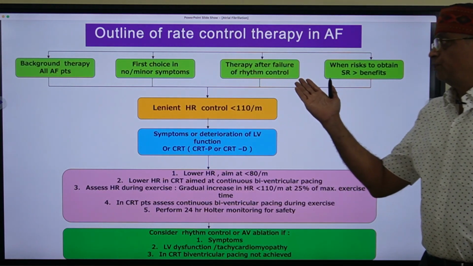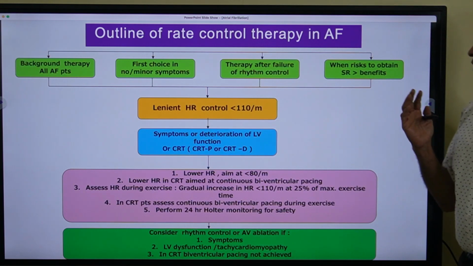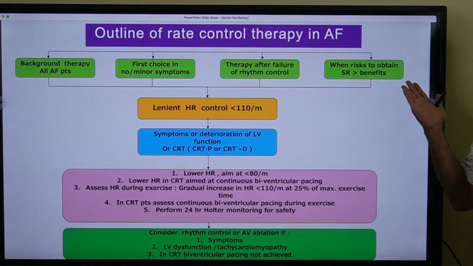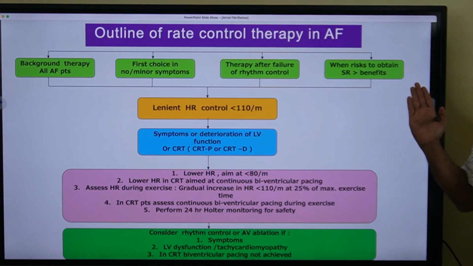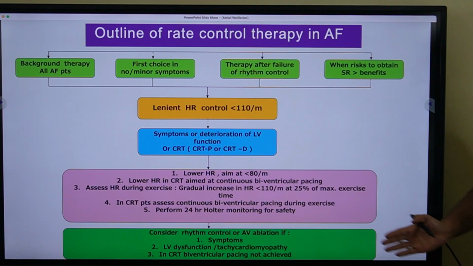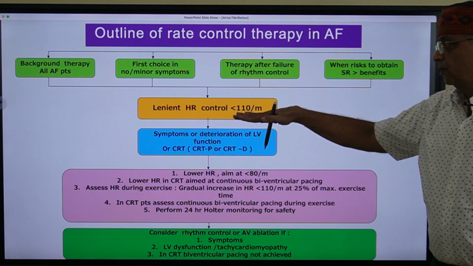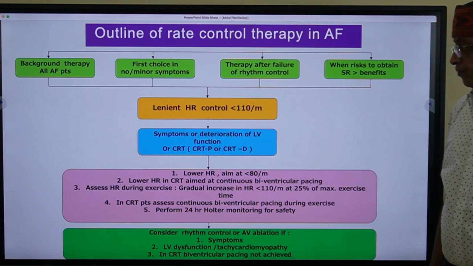This is also the therapy where the rhythm control has failed. And lastly, this is the therapy of choice when the risks of obtaining sinus rhythm are more than the benefit, for example, in a patient with a left atrial thrombus. The idea is to keep a lenient target heart rate of less than 110 per minute.